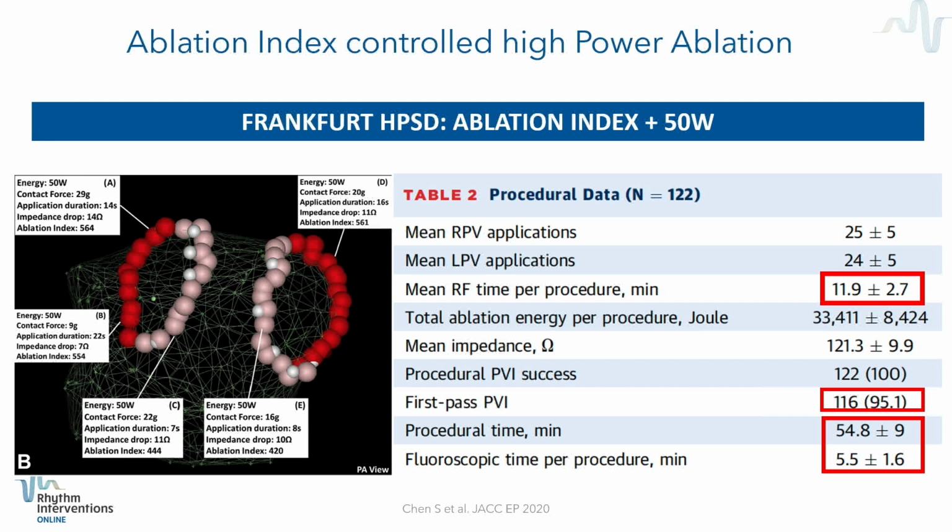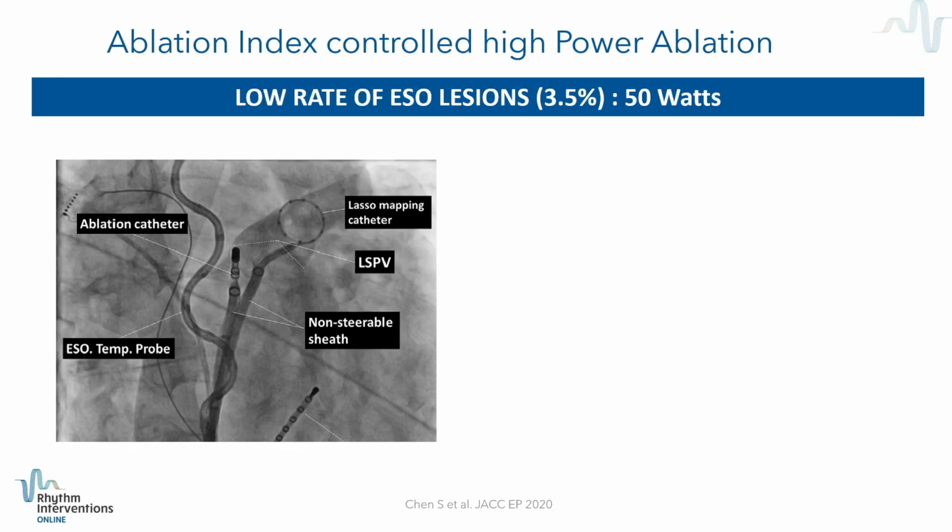The first pass isolation rate was 95 percent per circle. Ablation duration, procedure time skin to skin 54, fluoroscopy 5.5 minutes. So that we felt also not too bad.